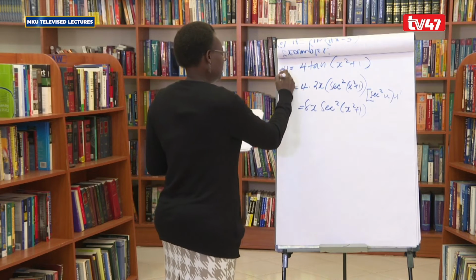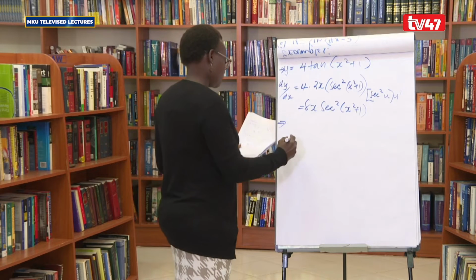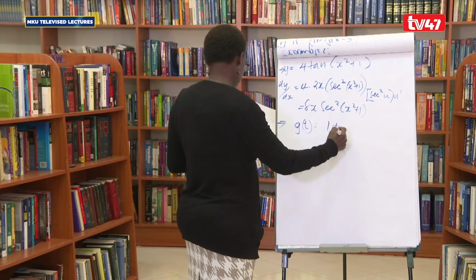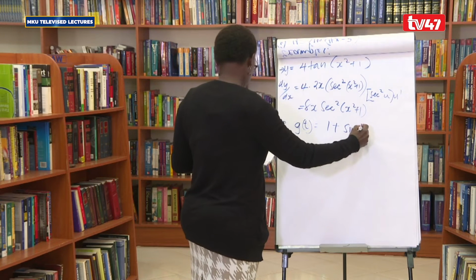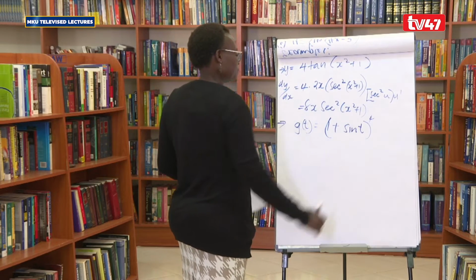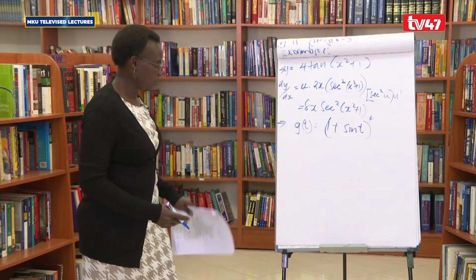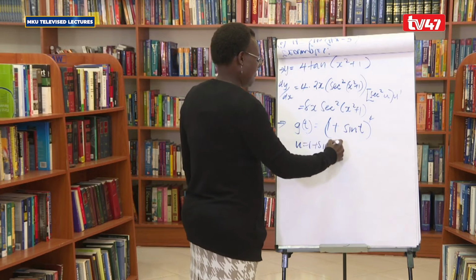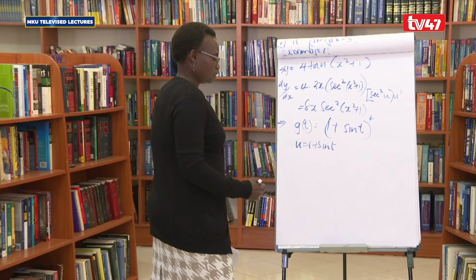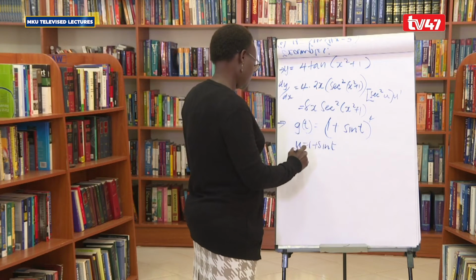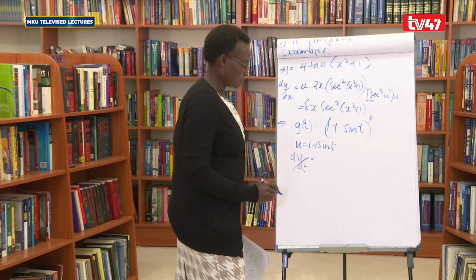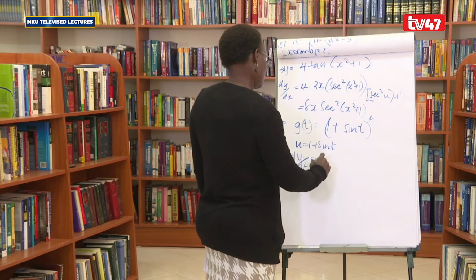And then we can do another example. We have a function here that is 1 plus sine t, raised to power 4. So this is a function within a function. So we'll have u as 1 plus sine t, so du over dt is cos t.